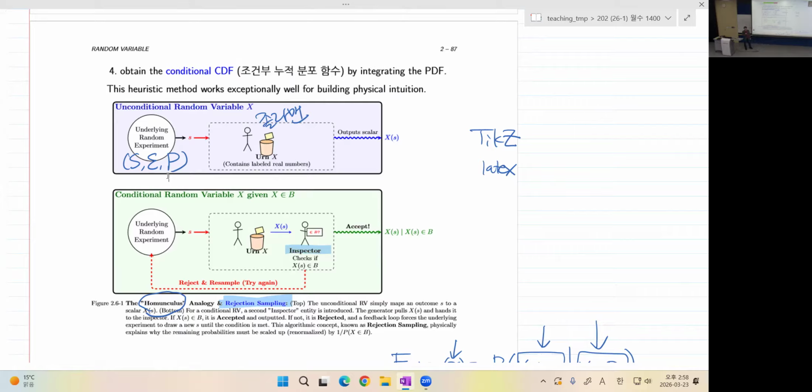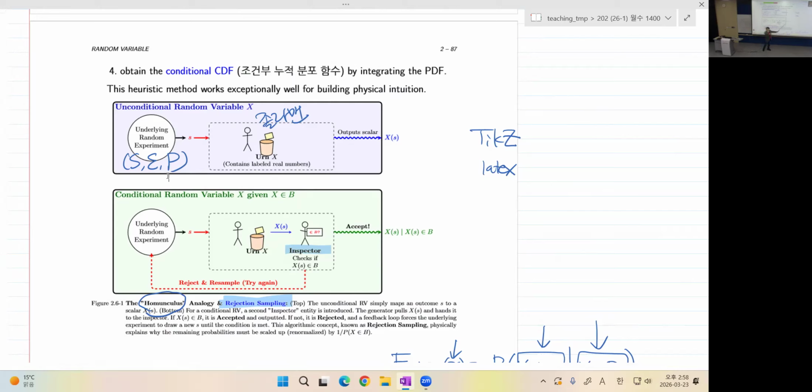Gaussian with X squared equals 1. Of course, X squared equals 1 is too restrictive, so X squared is approximately 1. Then what happens? Probably this guy will check whether X is either 1 plus minus epsilon or negative 1 plus minus epsilon. Now, this is Gaussian, and there is inspector who checks whether it's near 1 or negative 1.